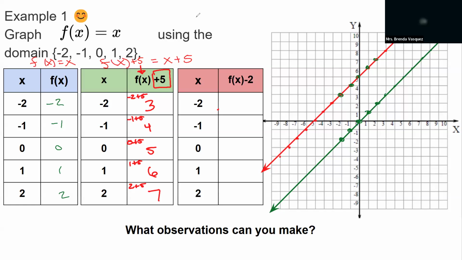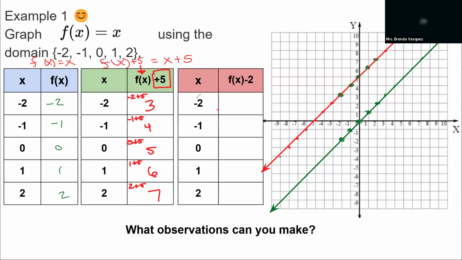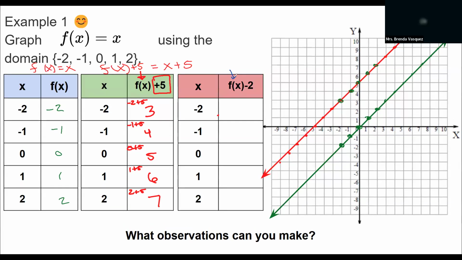So let me graph my points. This time I'm using the f of x values, not the previous values. So I have -2 and I'm subtracting 2, which is -4. -1 minus 2 is -3. 0 minus 2 is -2. 1 minus 2 is -1.